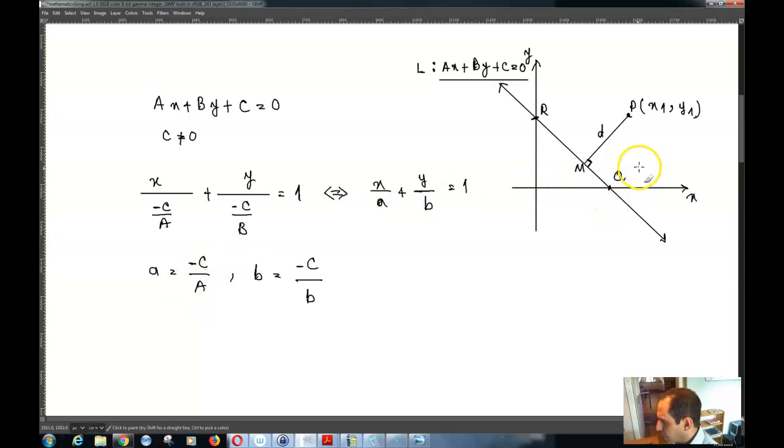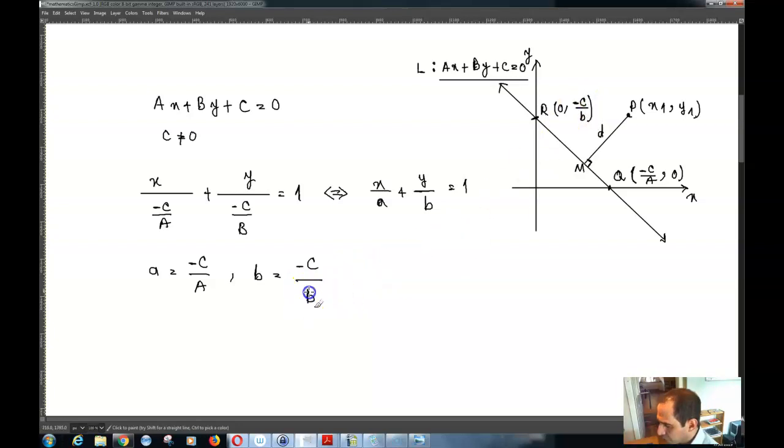So the coordinates of this point therefore become negative c by a, and the y coordinate is of course 0. The coordinates of this point is basically the y-intercept, so the x coordinate is 0, and the y coordinate is the y-intercept of the line, which is negative c by b.